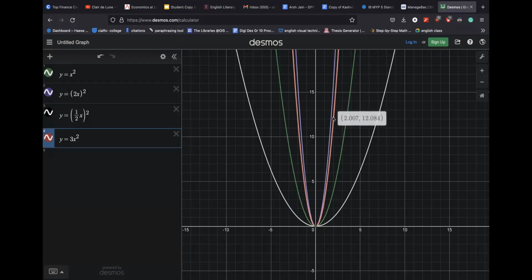Desmos will be allowed, yes, miss, and you always check. Yeah. So this is a vertical dilation by a scale factor of 3. But what do you mean by scale factor of 3?